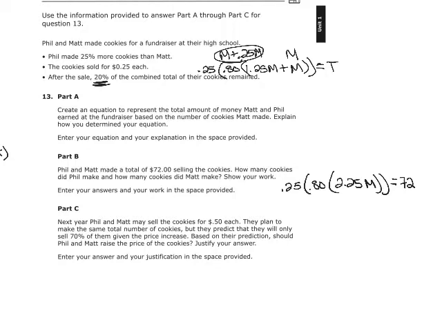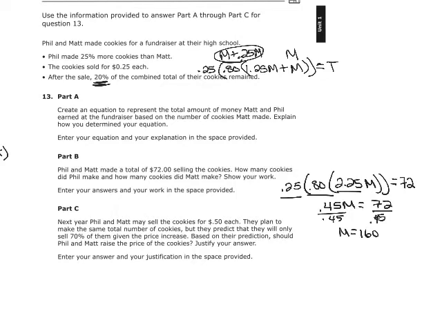So basically, when you multiply 2.25 times 0.8 times 0.25, you're going to get 0.45 m equals 72, so m equals 72 divided by 0.45. And you're going to find out that Matt himself made 160 cookies.